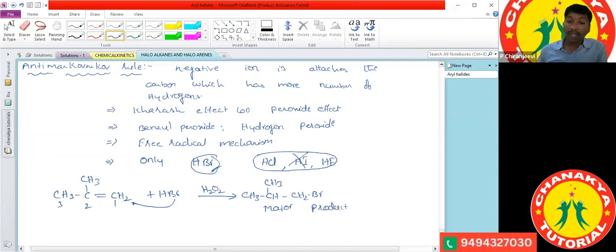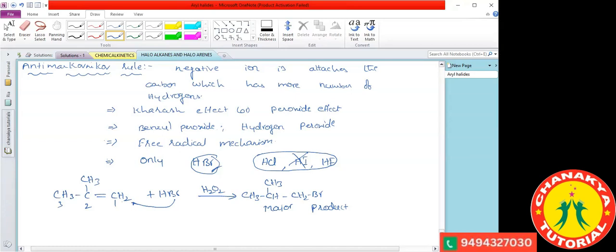Sir, why are we taking this one as the major product? Why not the others? It is based on the carbo free radical stability. Which is the more stable free radical: primary, secondary, or tertiary?